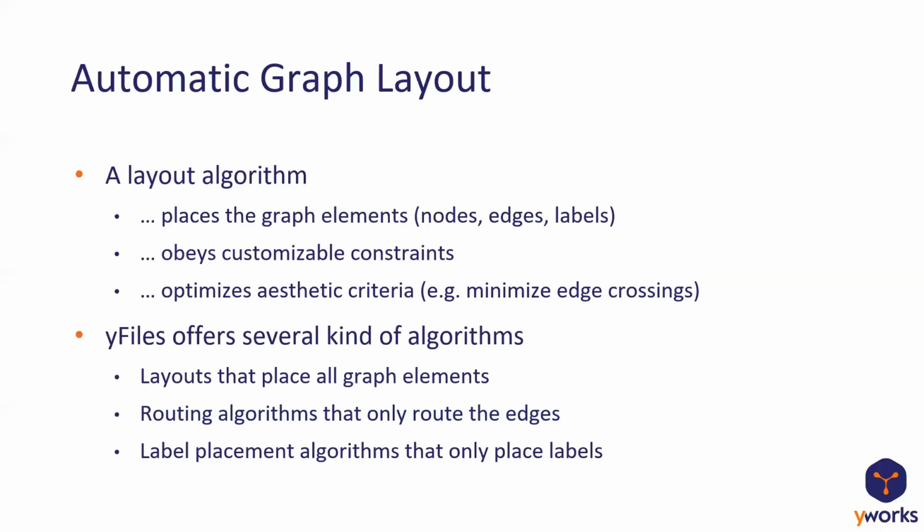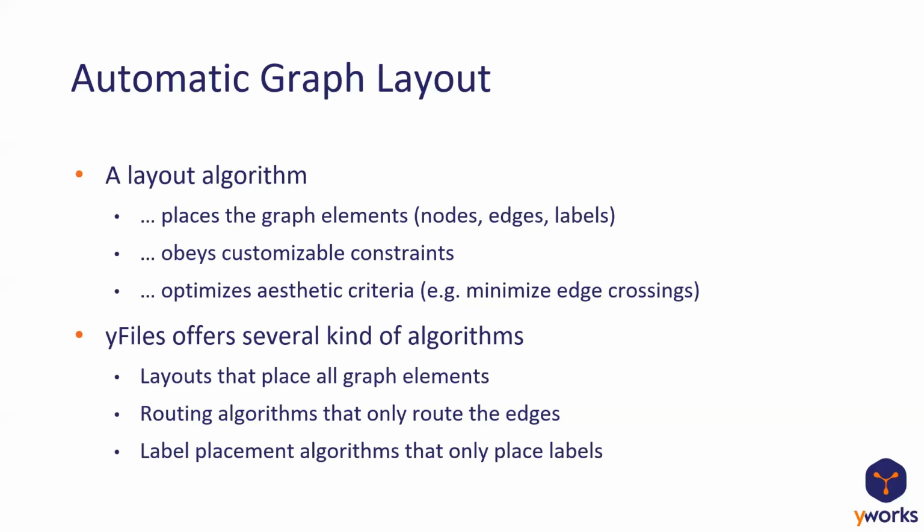The yFiles diagramming library offers, generally speaking, several kinds of layout algorithms. The main layout algorithms are the ones that place all graph elements at the same time. So they place the nodes, they route the edges, and they may or may not also place the labels.